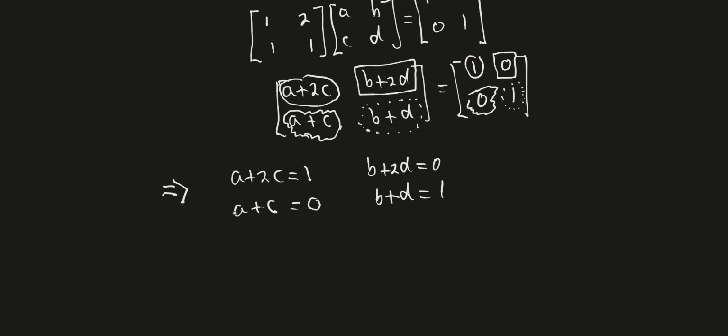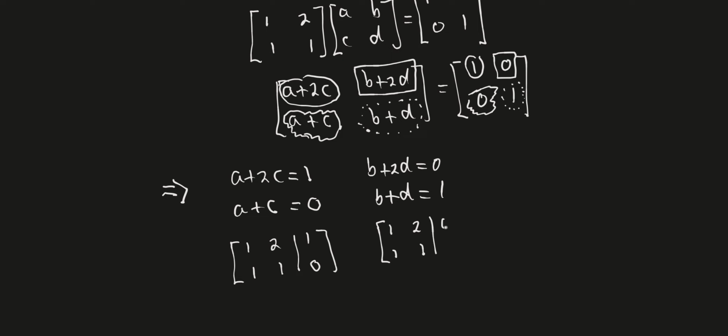If I write this system in augmented form, this is what it looks like. 1, 2, and then I have the 1, 0, and then the 1, 1. If I write this system in augmented form, look at what we have. 1, 2, 1, 1.